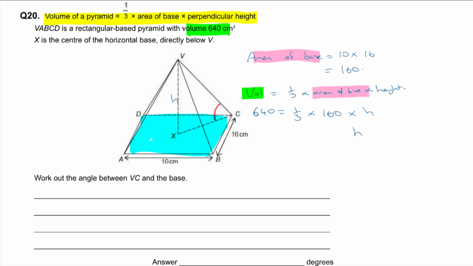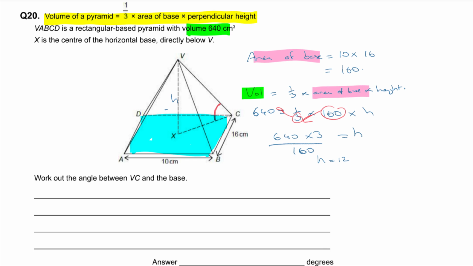So H is going to be 640 times 3 over 160. Let's work that out. 640 times 3 divided by 160 comes out to be 12. So H is 12. Okay, so we know the height now is 12.